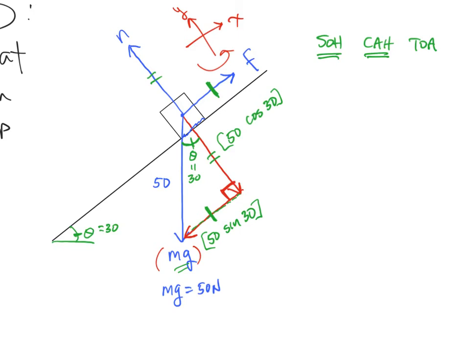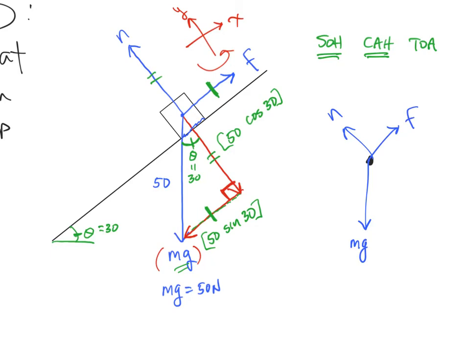Now, maybe I should close by noting, what would this look like on an FBD? Well, the FBD itself should only contain the following arrows. If I draw my dot, that's how I do the FBD. The only arrows we should have here are gravity straight down, normal force perpendicular, and friction up the ramp. So that would be what ultimately the free body diagram would look like.